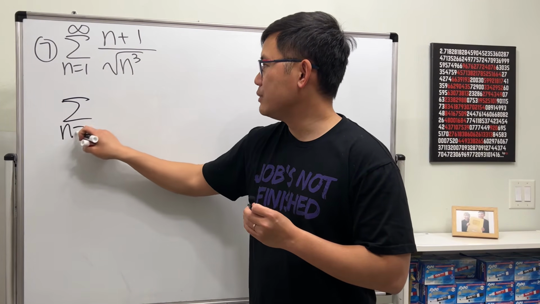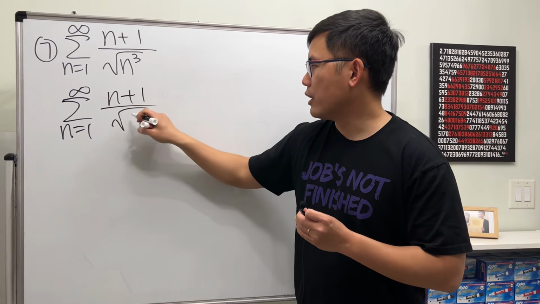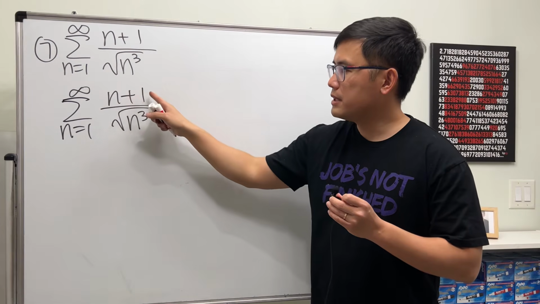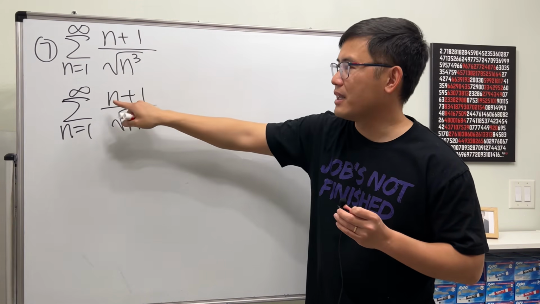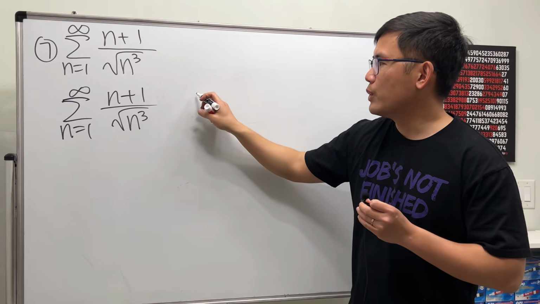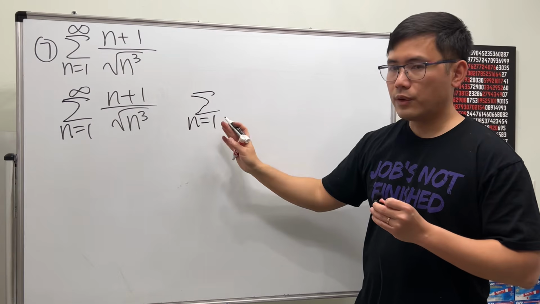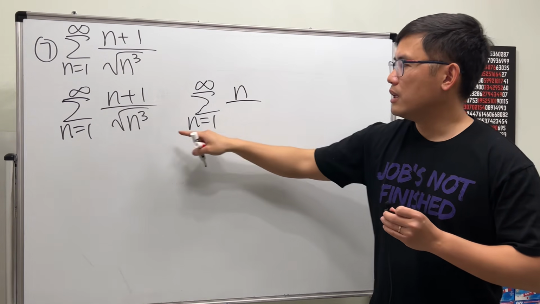So here we have this series, n plus 1 over square root of n to the third power. This time though, we have two terms on the top. I'm going to ignore the plus 1, right? Again, pick out the dominating part. So we are looking at this compared with the series n goes from 1 to infinity of n over square root.